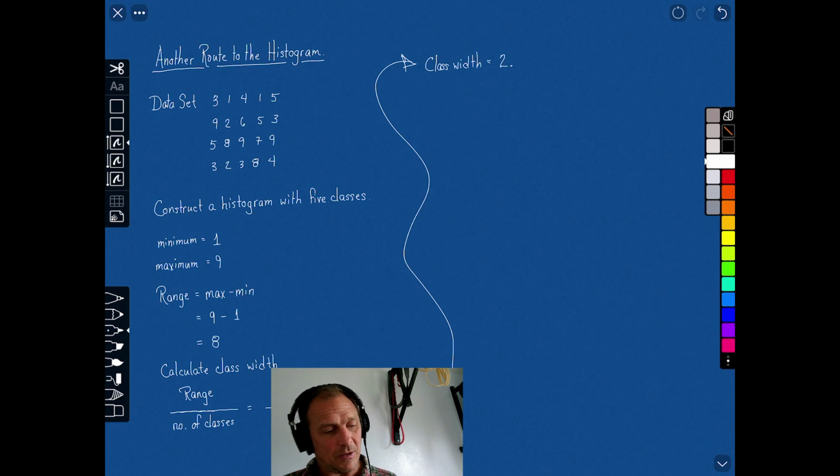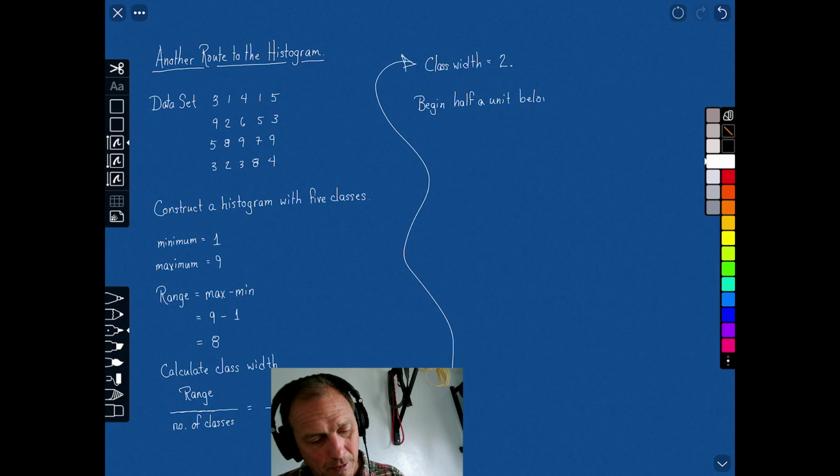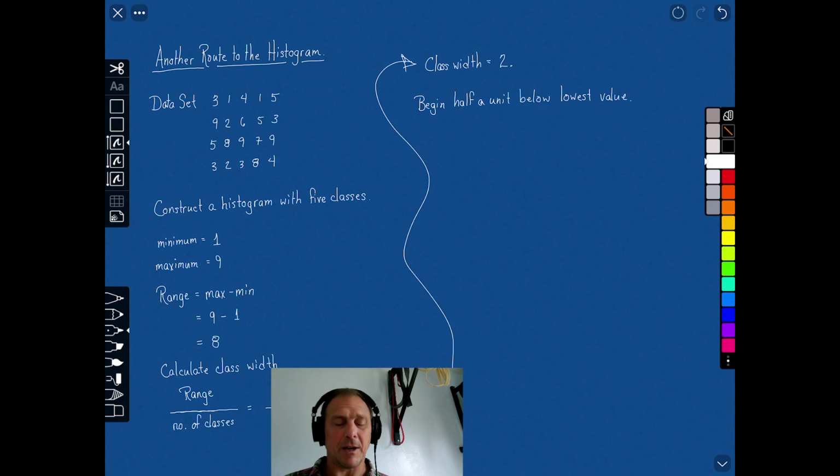The other thing we said earlier is we begin half a unit below the lowest value. So I think we have enough to start doing this.